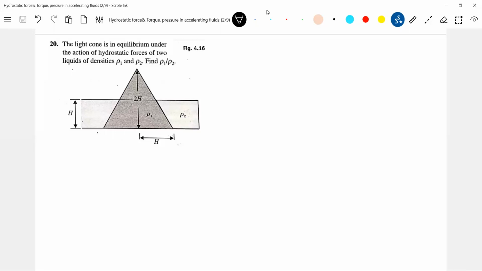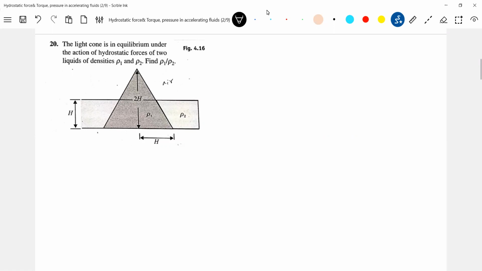There is a liquid present inside it, and this part is air. Find rho 1 by rho 2. Here you really have to put in effort, so the student has to really focus on this one.